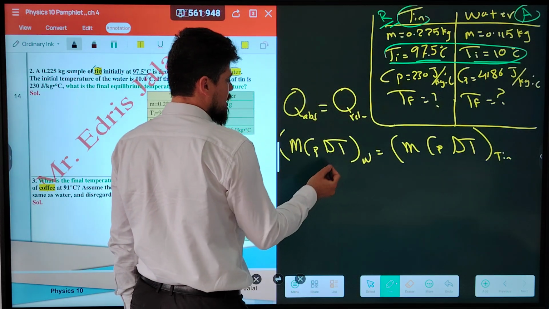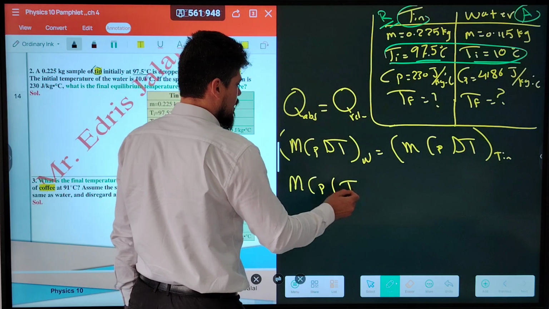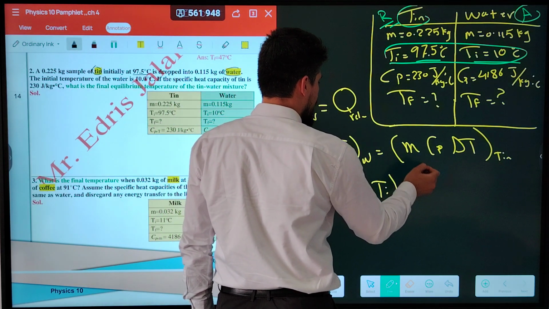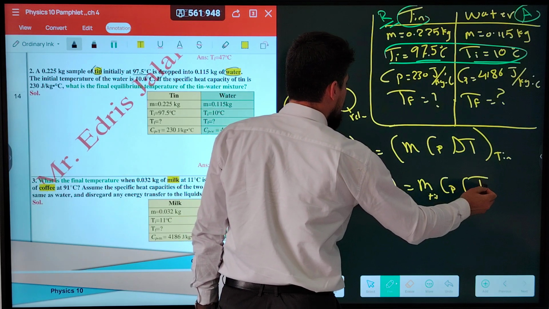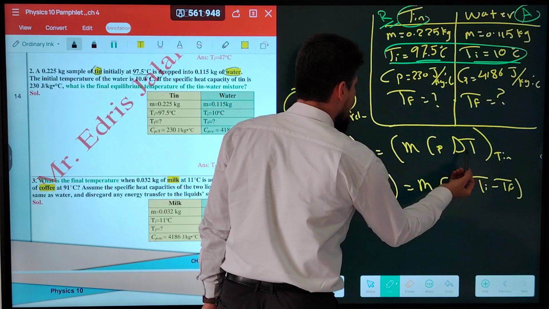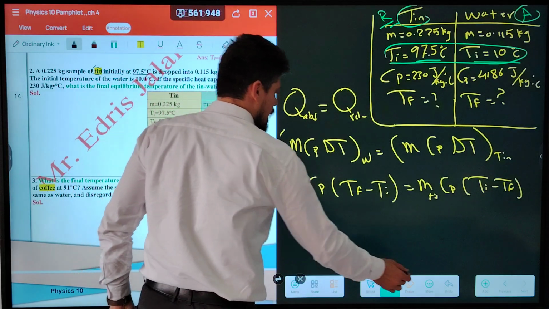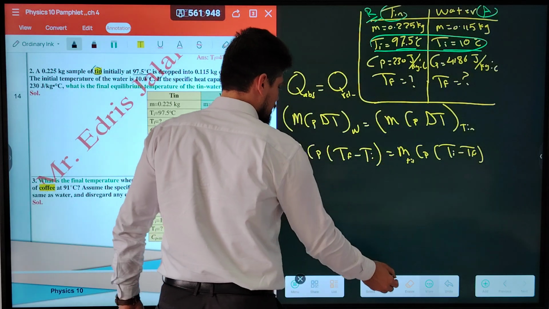Because the water absorbed, delta T is going to be T final minus T initial. mCp, T final minus T initial. M of tin, Cp of tin, T initial minus T final. Why? Because it released. The tin released energy. Okay. Now replace numbers.